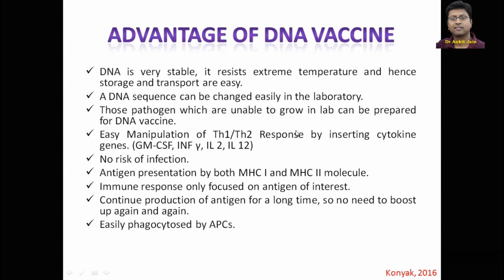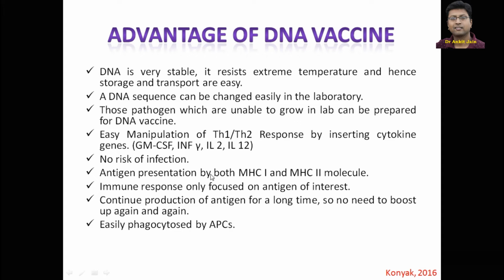So what are the advantages of that DNA vaccine? First, the DNA is very stable, so it will resist outside temperature. It will not require any refrigeration like the conventional vaccines require. Second, a DNA sequence can be changed easily in the laboratory, so we can manipulate the DNA sequence, and according to our manipulation, we can produce different DNA vaccines.